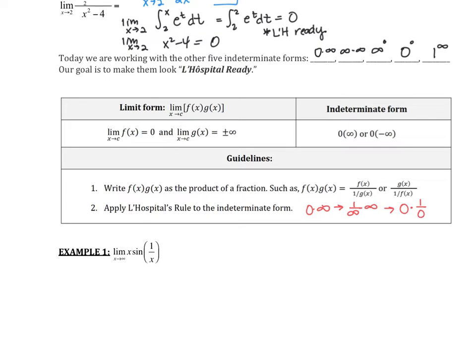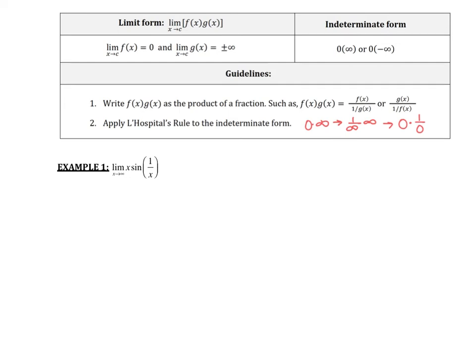So let's look at an example. Let's start with example 1. I'm going to scroll up just a little bit. In example 1, what we have is the limit as x approaches infinity of x times sine of 1 over x. If we were to make a substitution as written, the limit as x approaches infinity of x is infinity.